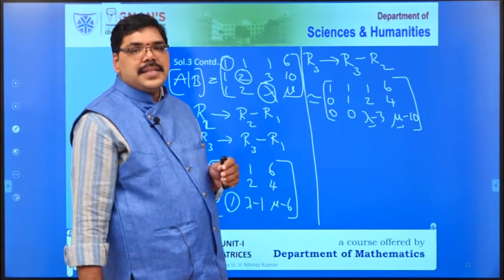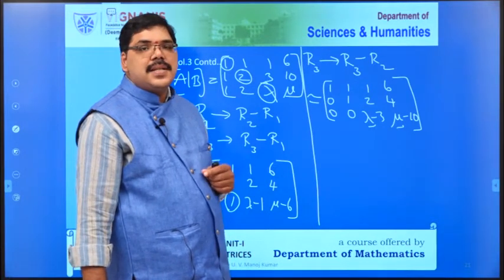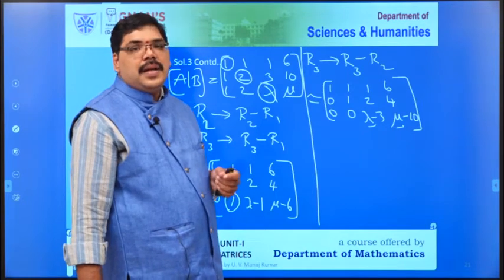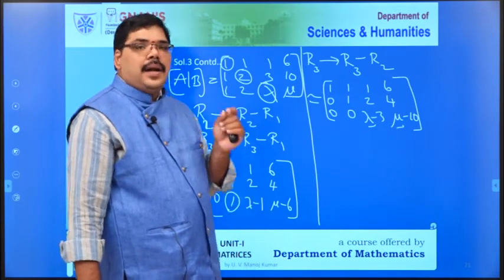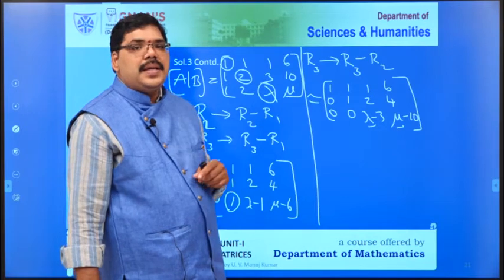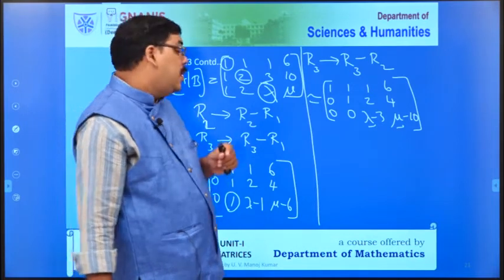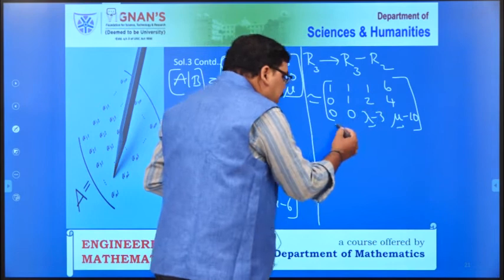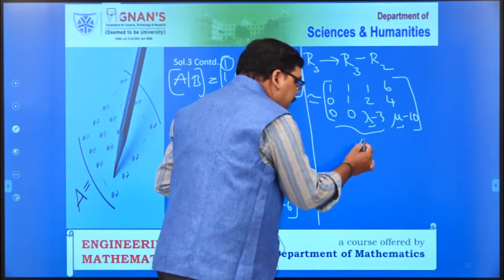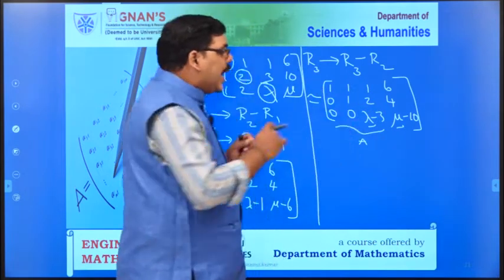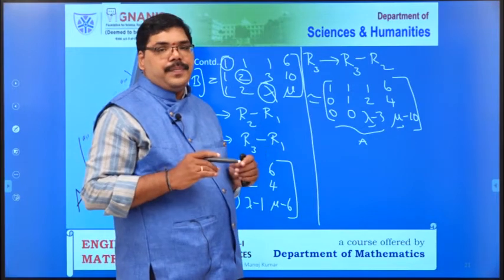When a system has no solution, what is the answer? The answer is: when rank of A is not equal to rank of AB, the system has no solution. If you consider these three columns, this is A. If you consider the entire matrix, that is AB.